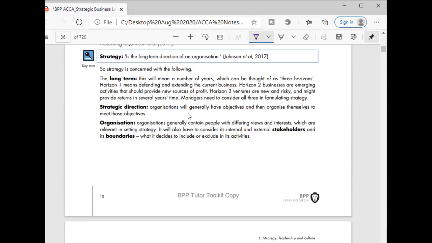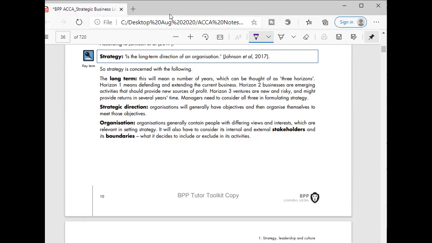One way I was thinking is that we can also say horizon one means defending and extending the current business. If we were to expand it and apply it in a business context, you will find some case studies which relate to this. So this is a defensive strategy, isn't it?